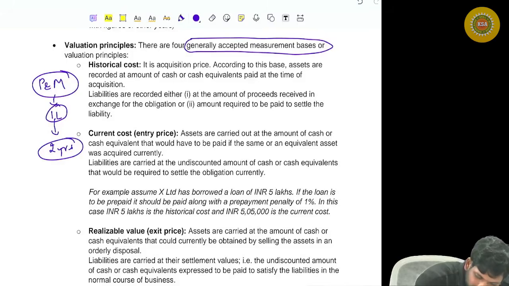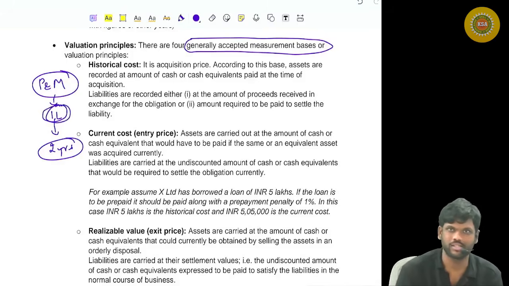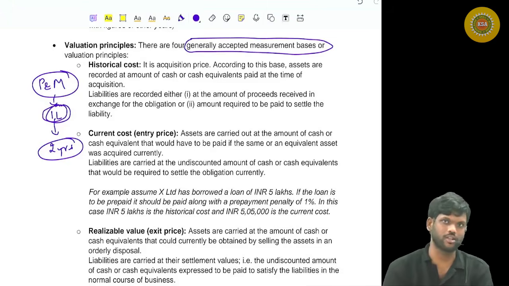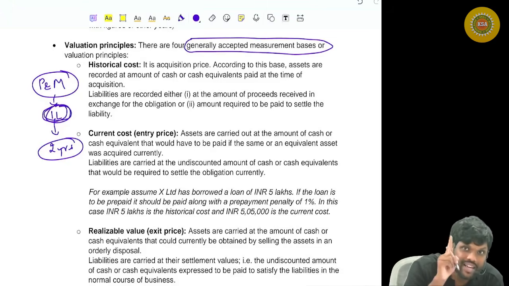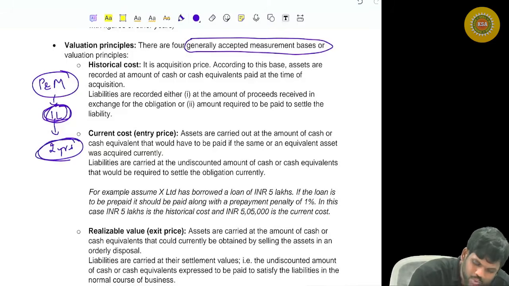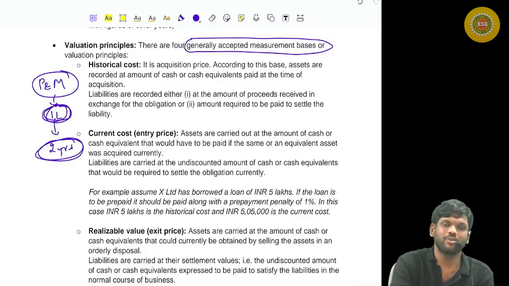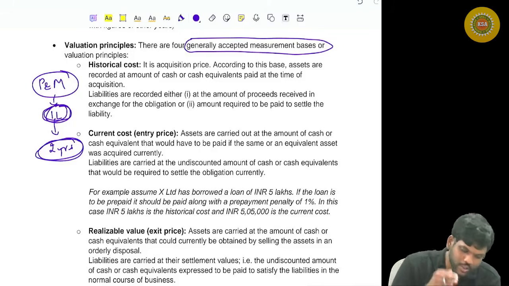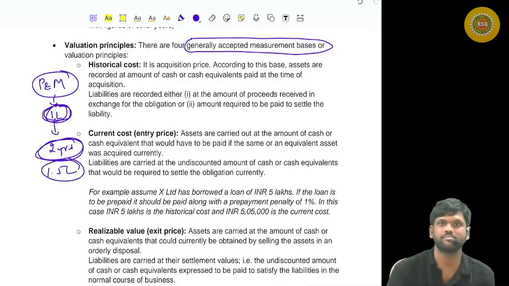Now whatever 1 lakh you have spent, that is called historical cost or acquisition cost. Now after 2 years, if you want to buy a new tab today, will it have a cost? Assume today if you want to buy a new tab, it will cost 1.5 lakhs.